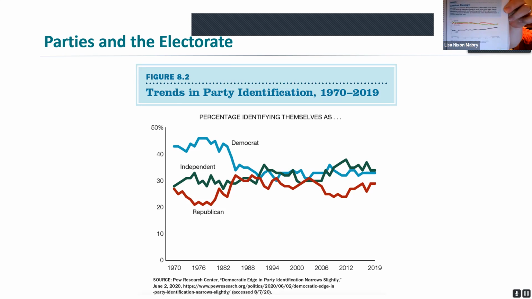But this one is a little bit different. It shows people who identify as one party or the other.